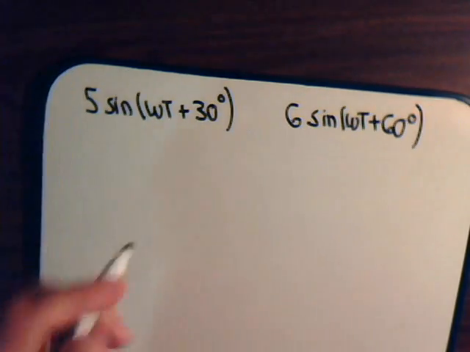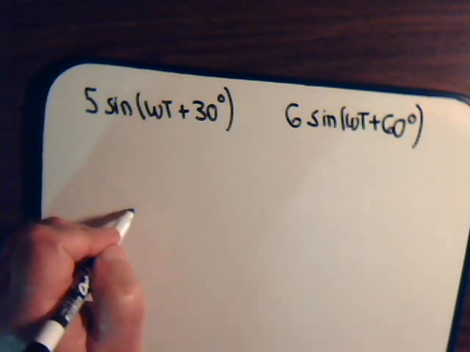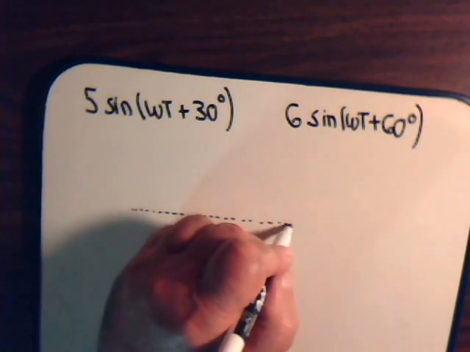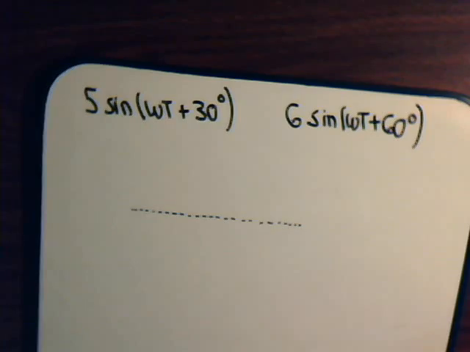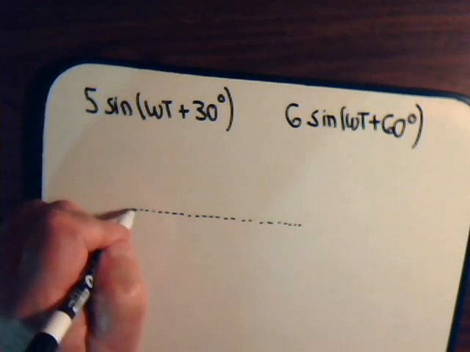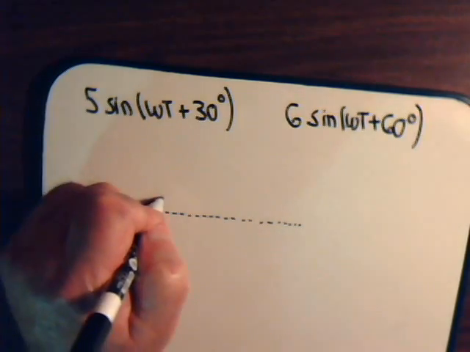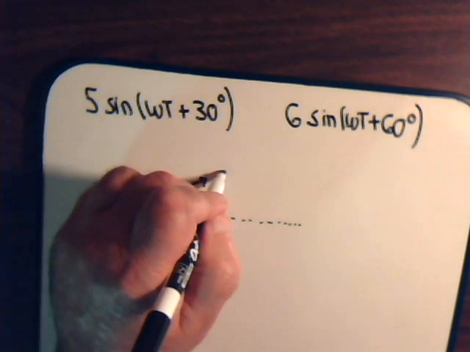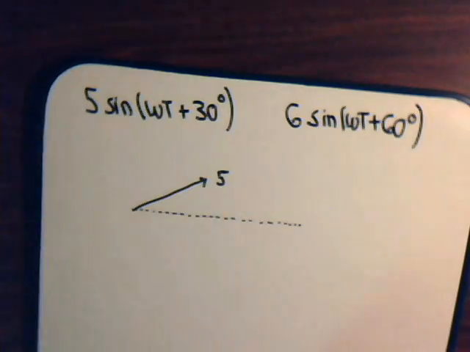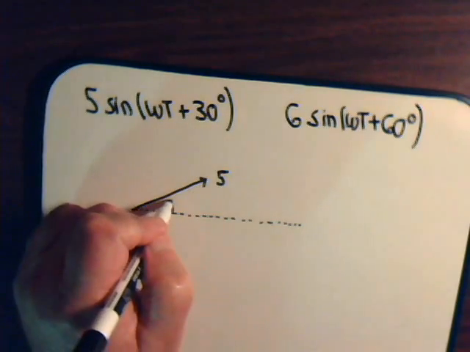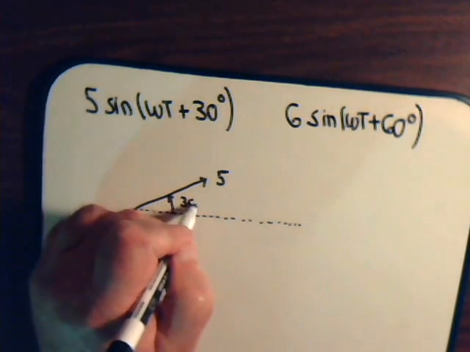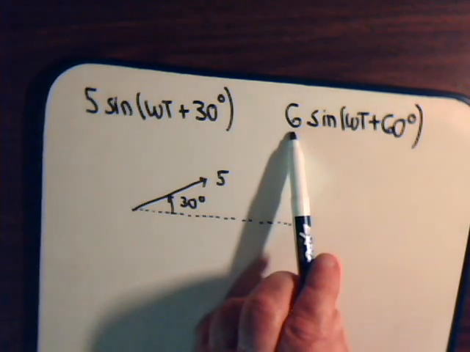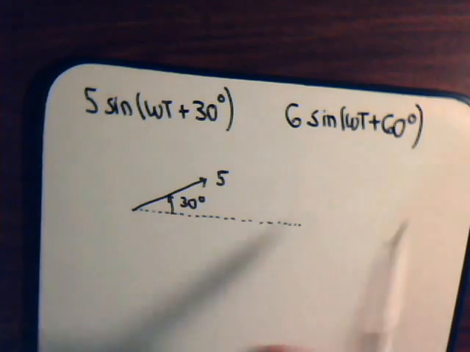So, for example, for this one, we could say, well, here's the horizontal line, and for this one it makes an angle of 30 degrees and has a magnitude of 5. And this one has a magnitude of 6 and a phase angle of 60 degrees.